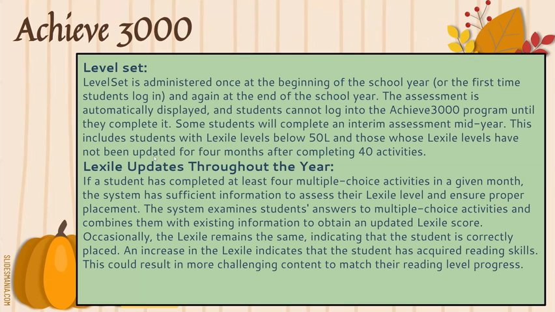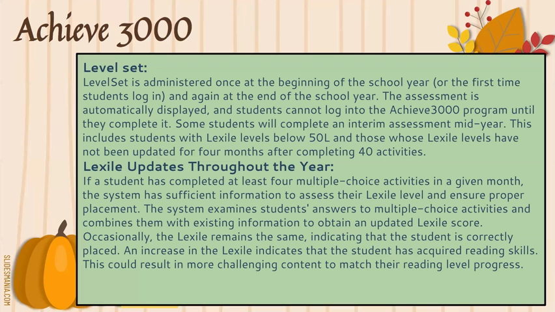And this is given like a placement of where the students fall within their reading. Now, for students that fall a little bit lower, if the students fall below a 50 level, sorry, not percent, but 50 level, then they are given mid-year interim assessments to see where students are falling.